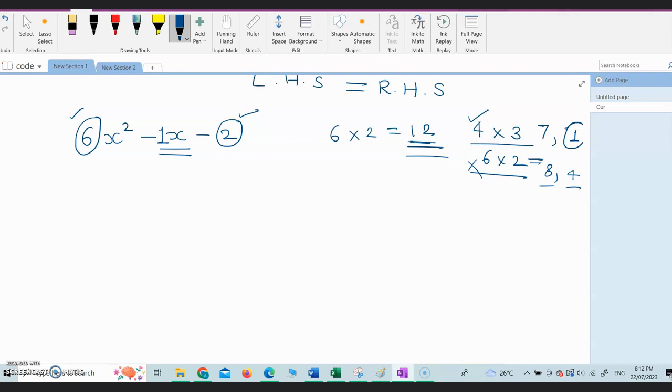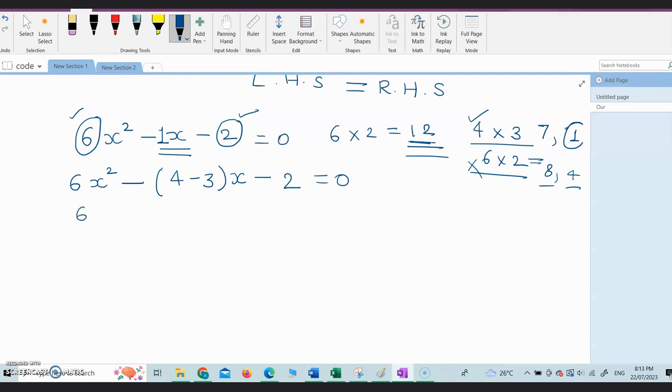Instead of directly writing 1x, we are writing it in a different way. Let me show you. 6x square minus, now if we subtract 4 and 3, I will write 4 minus 3 inside a bracket, and obviously we will not change the equation, so x will come here, minus 2 equals to 0. Sorry, I forgot to put it here.